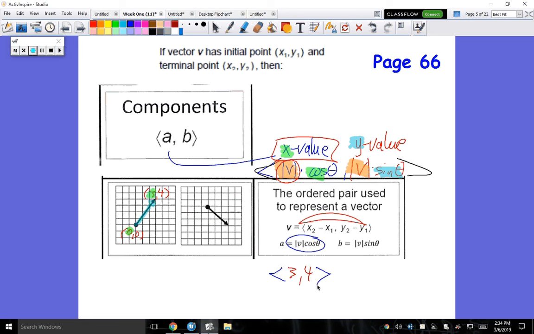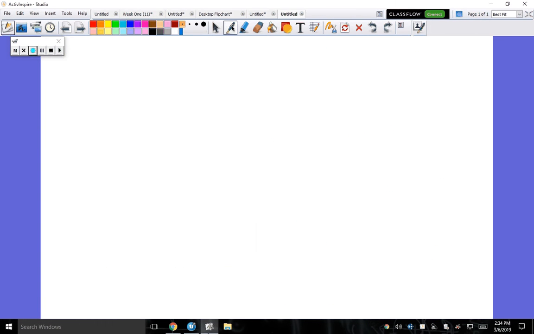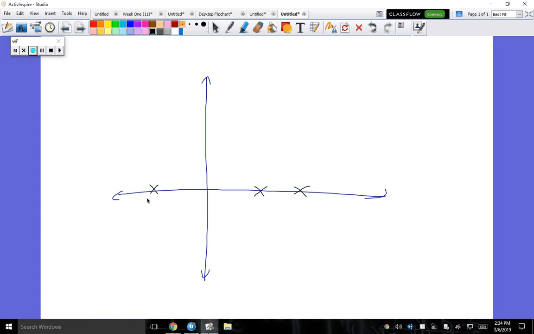Now here we go. Let's say that I want to use vectors on the football field. Let's say that here's the bounds, say these are the hash marks or the seams.